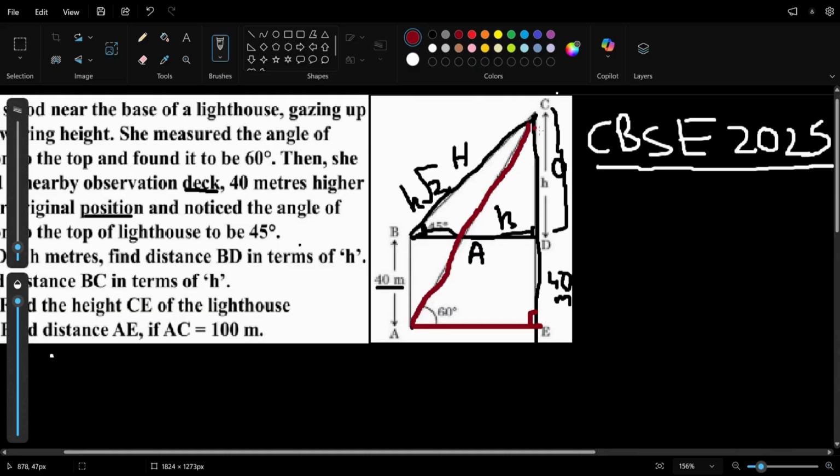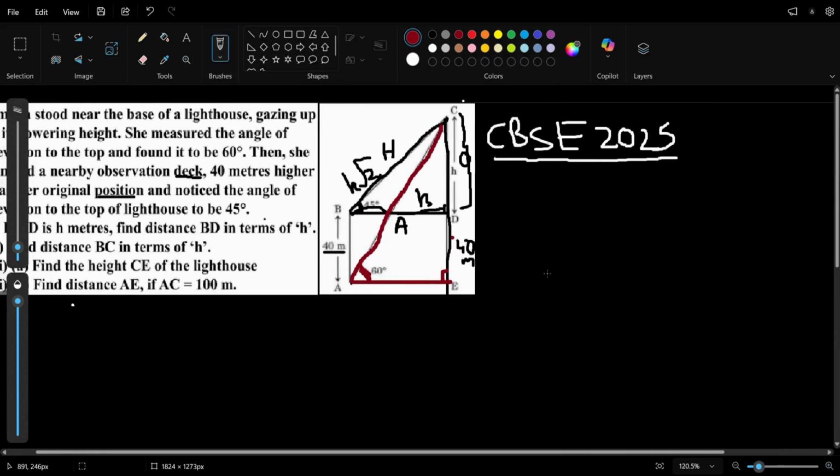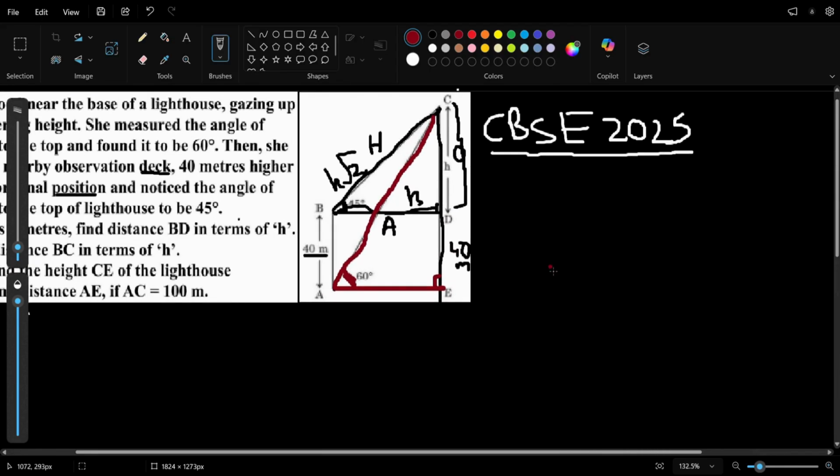So in this triangle, BA is equal to D. We can say this 60 degrees should be, the opposite will be H plus 40, right? So let's see. CE, right? So we can say in triangle CAE, this is supposed to find what? BC. No, it's supposed to find the lighthouse CE.